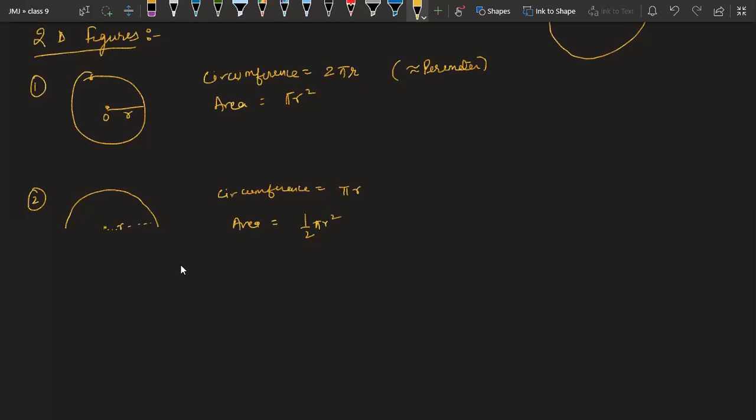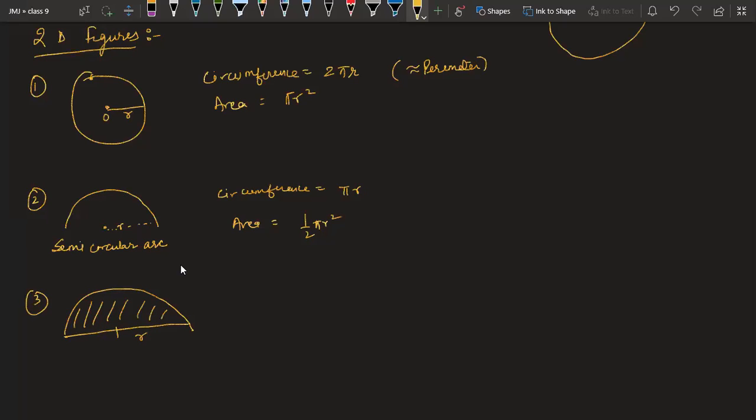Third case in the circle is the semicircular disc. This is a disc like a CD you have, and you have broken it from the middle. It becomes a semicircular disc.